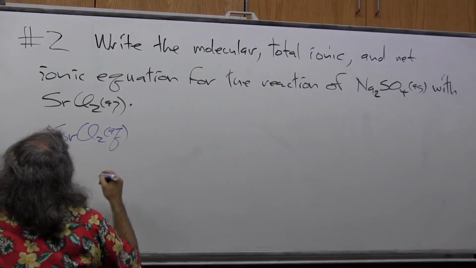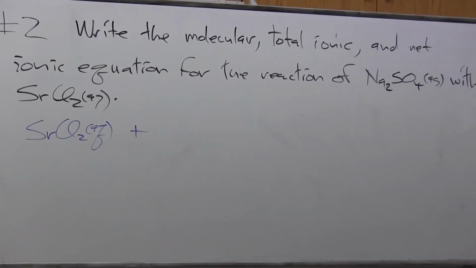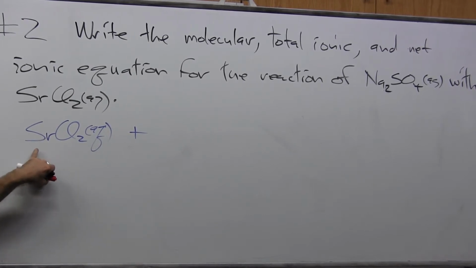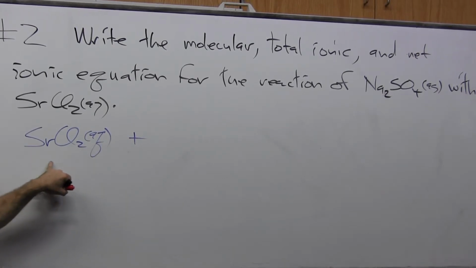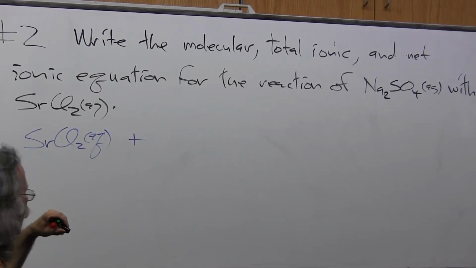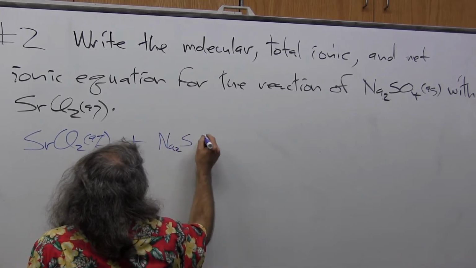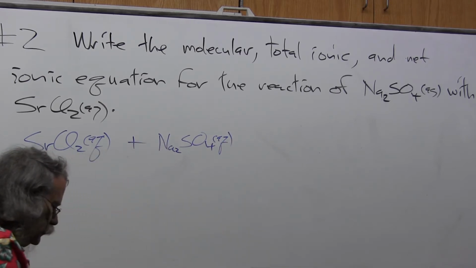I'll start with the strontium chloride, and I'm writing it in the molecular equation form where there is no charge. They are combined together. I write each salt as an aquated salt, and it's a neutral salt. And so that plus sodium sulfate aqueous.